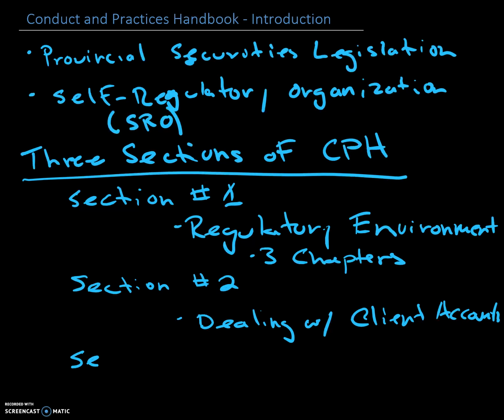And then the last section, section number 3 of the book, is going to deal with the last 2 chapters. This is going to be about special transactions and products.